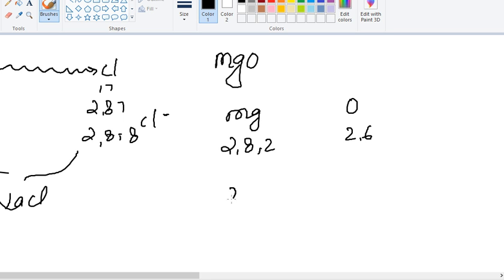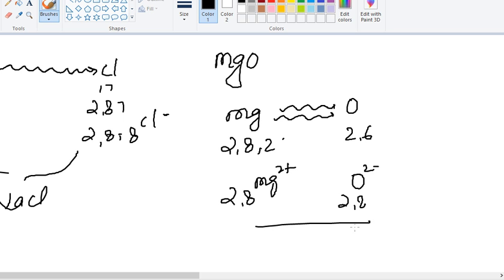So Mg loses 2 electrons, the configuration of Mg2 plus is 2, 8, and oxygen takes 2 electrons, becoming O2 minus, with configuration again 2, 8. The compound is formed by the attraction of both. The attraction between charged particles is electrostatic in nature. So it is very much clear, I think, what will happen in this reaction.